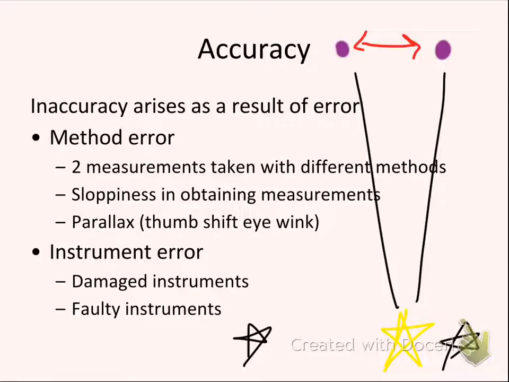Be thinking. Whether there's method error going on or whether you have a damaged instrument. We had the battery-operated cars we use for constant velocity. One year, I had a group that went out, got their data, they came back, they looked at their data, and they came to me and they said, our data's bad. Okay, why?